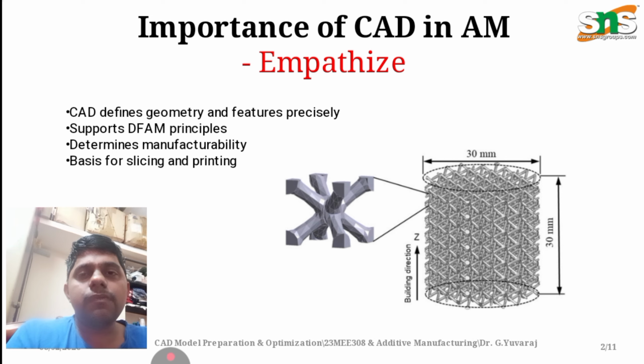The second one: while we design the component, we have to apply design for assembly and manufacturing principles. This subject deals with what happens before the object goes into production. The object has to be designed with respect to its factor of safety and the specification of manufacturing, like tolerances and core design values.